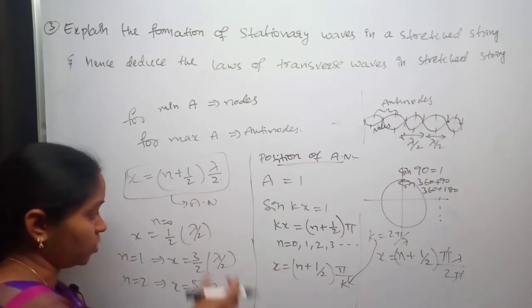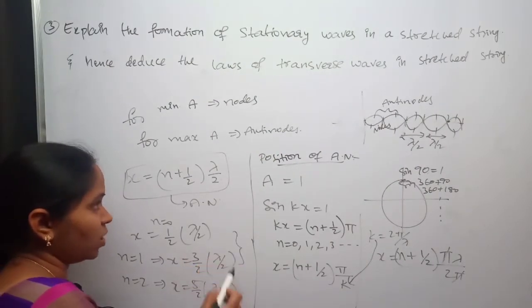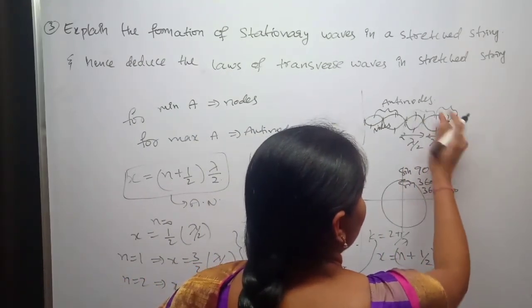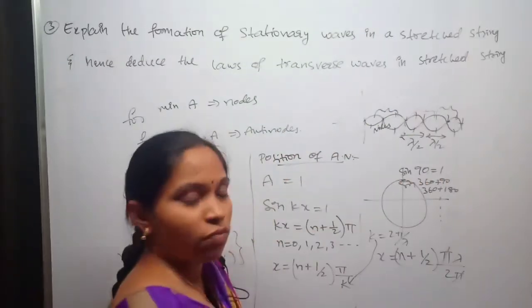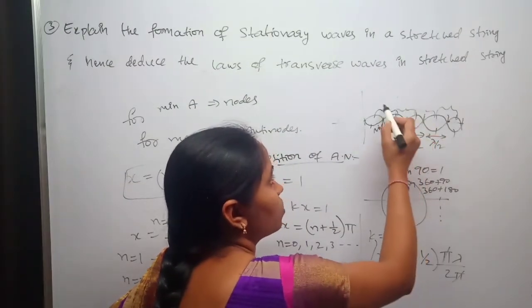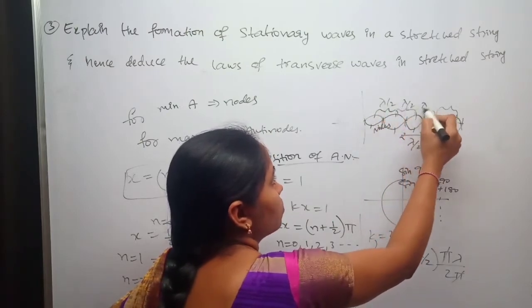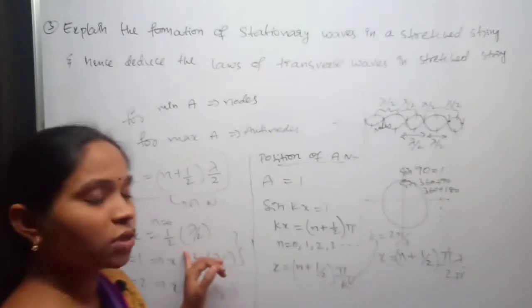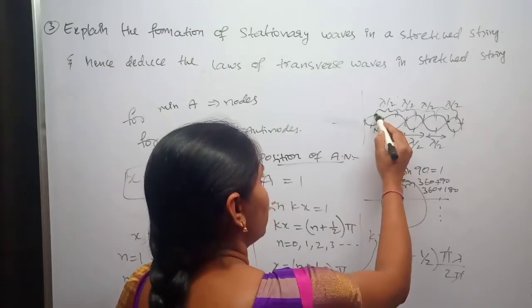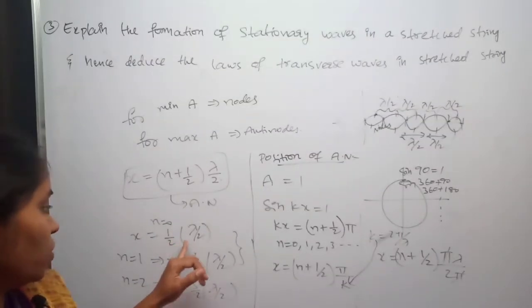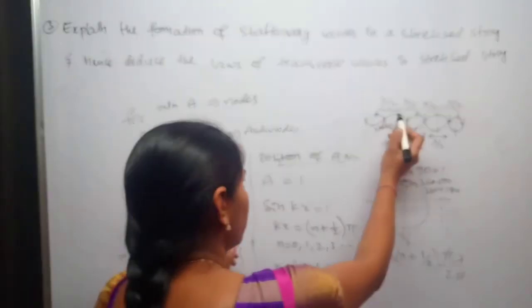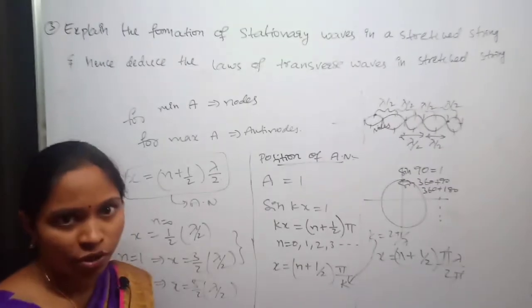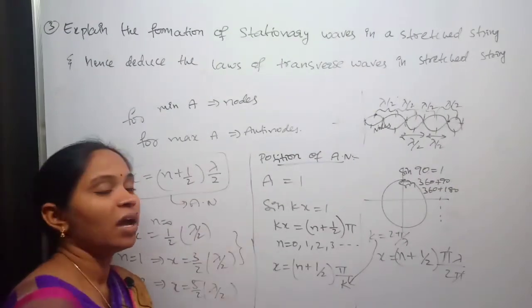If you observe carefully, the distance between any two successive antinodes will be equal to lambda by 2. The first antinode is observed at 1 by 2 into lambda by 2, the next antinode at 3 by 2 into lambda by 2, and the next one at 5 by 2 into lambda by 2, and so on. These are the positions of antinodes.